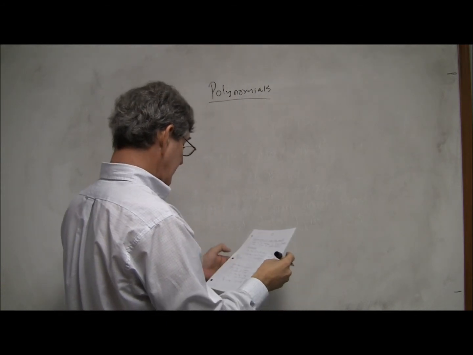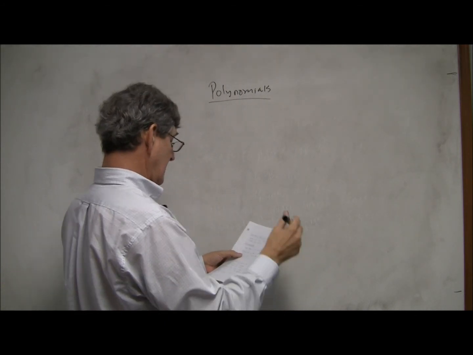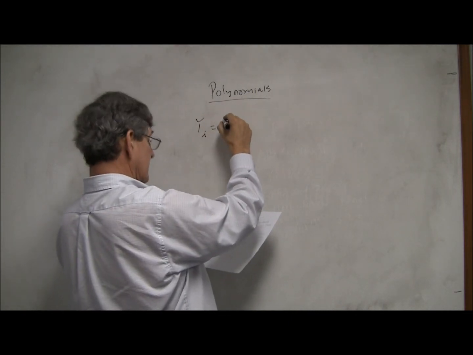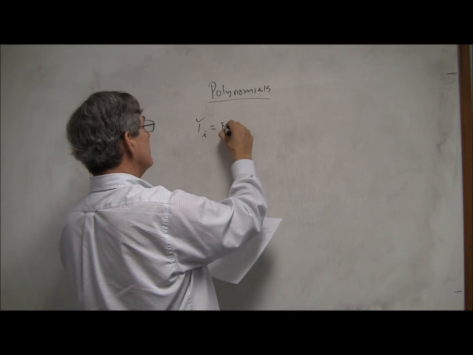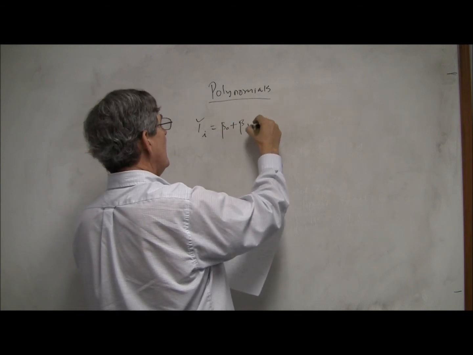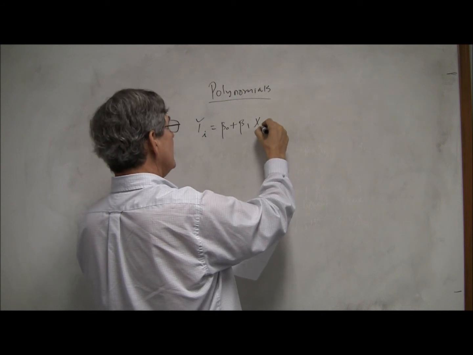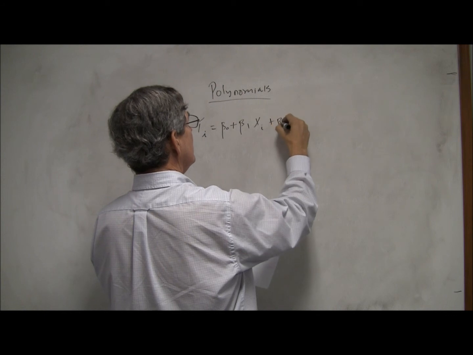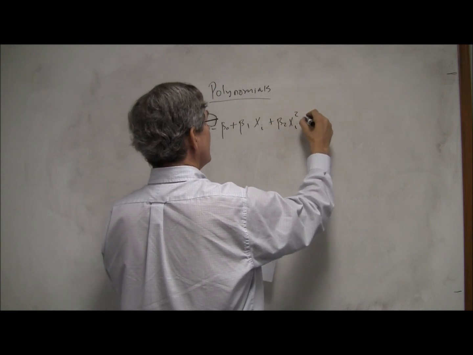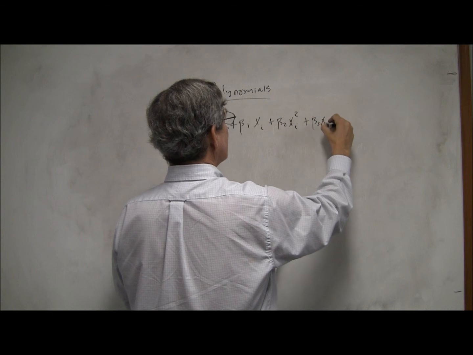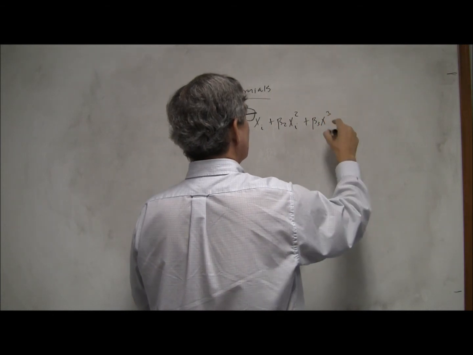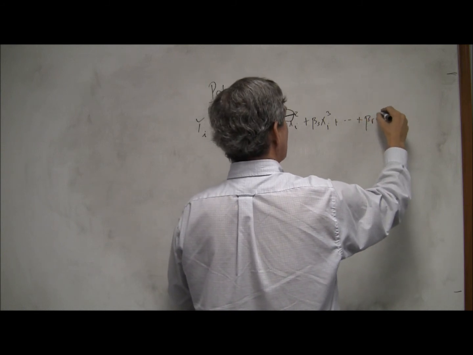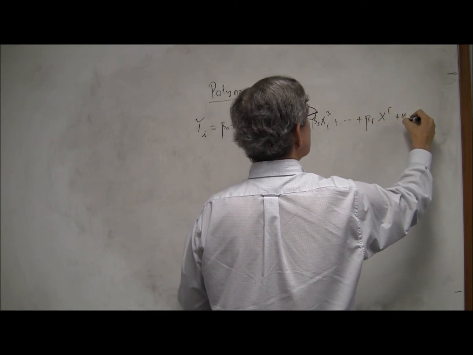So in general, y_i equals beta naught plus beta 1 x_i. I don't have to put 1 because there's only one of them. Plus beta 2 x squared plus beta 3 x cubed, plus beta r x to the r power plus u_i.